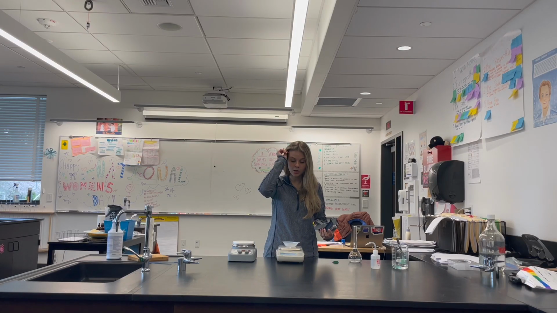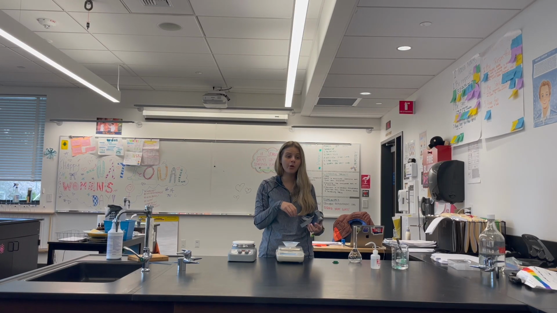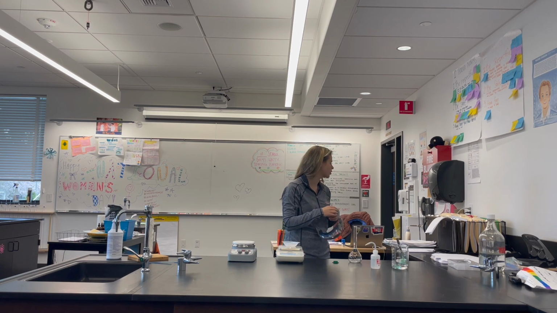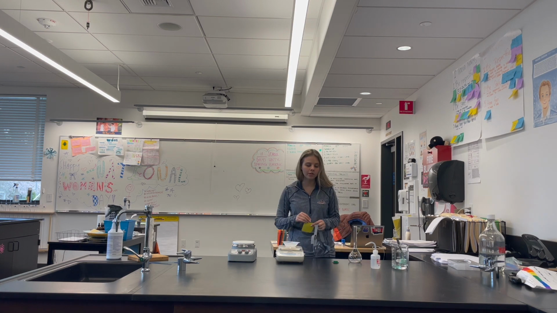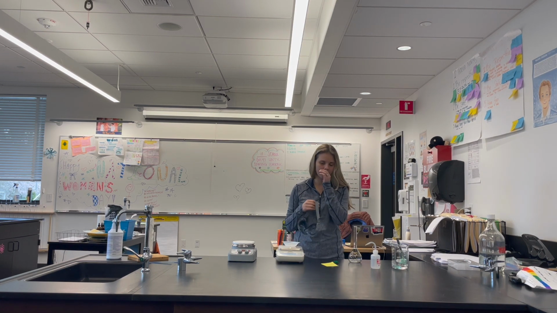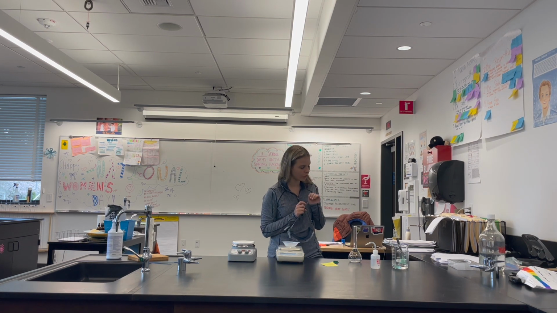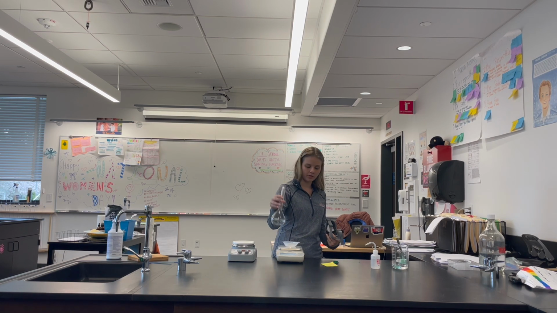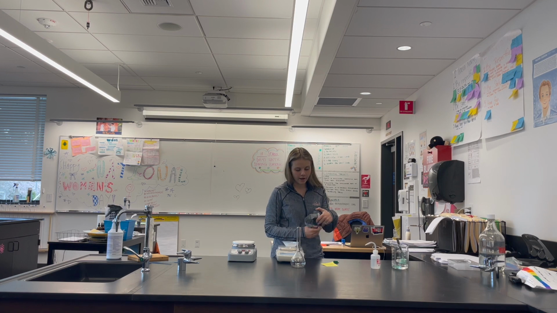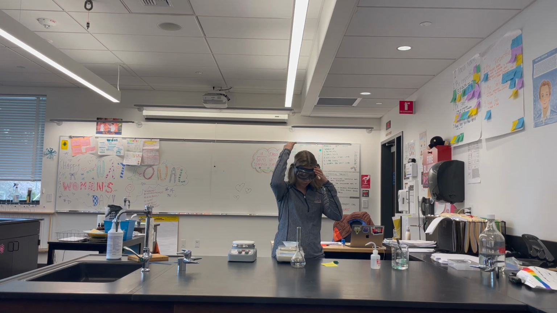Okay team, so we went through how to make a stock solution, but we're gonna actually go ahead and give this a try. So instead of wasting 650 grams of nickel 2 chloride, we're not gonna do that. We're gonna make 250 milliliters of a 0.5 molar solution of nickel 2 chloride.